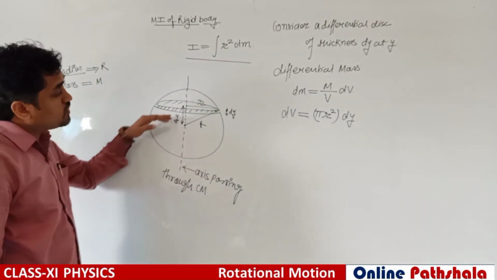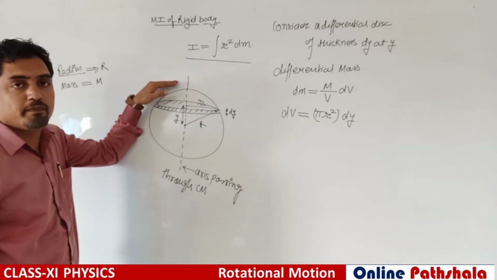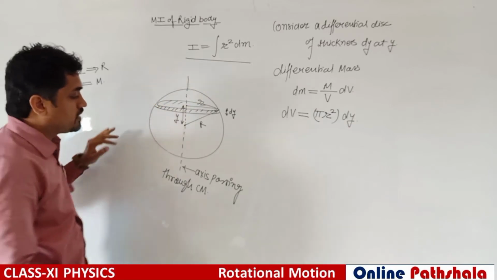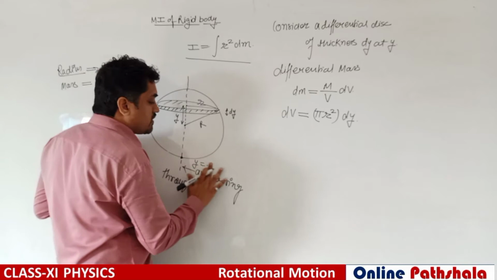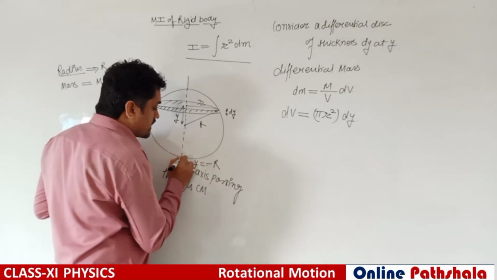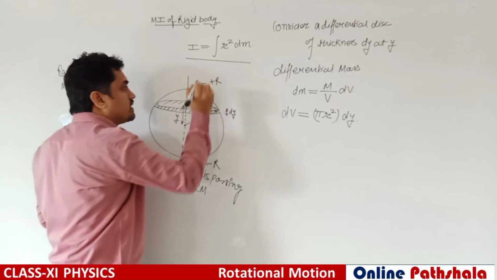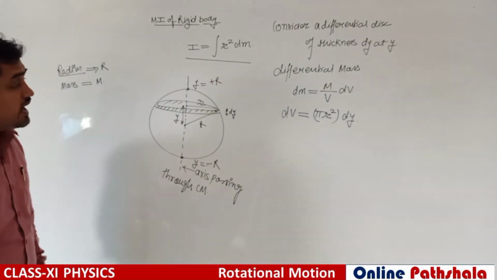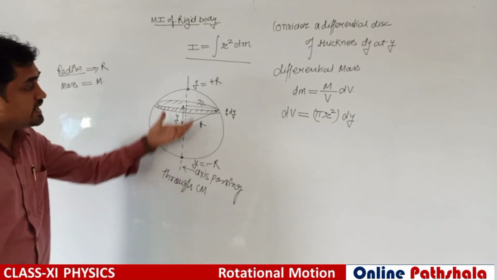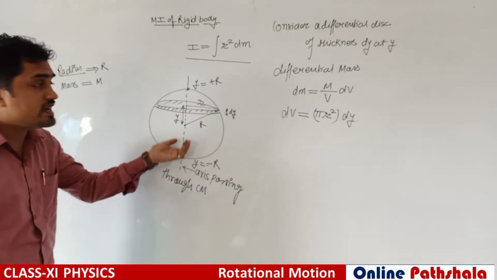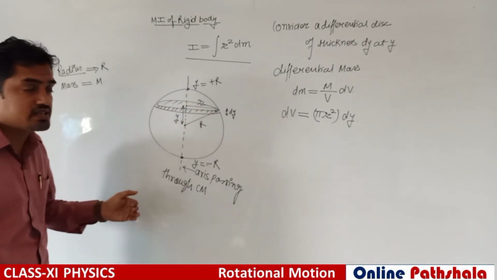Since we have to move this differential disk from bottom to top, y equals minus R at the bottom and at the highest point y equals plus R. And here the radius of the disk is also variable. That is why we have to find the relation between y and the radius of the disk.